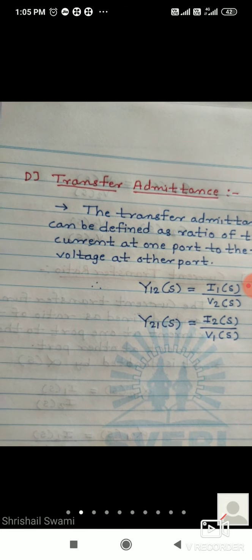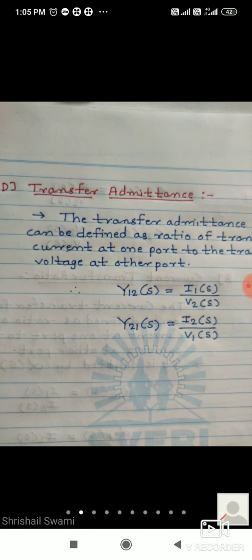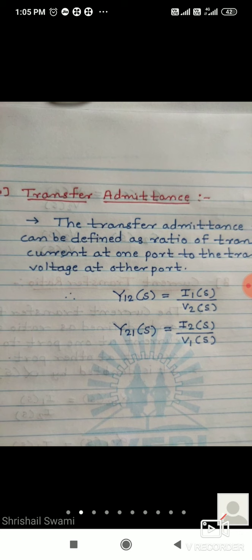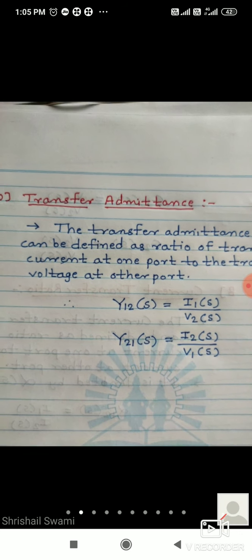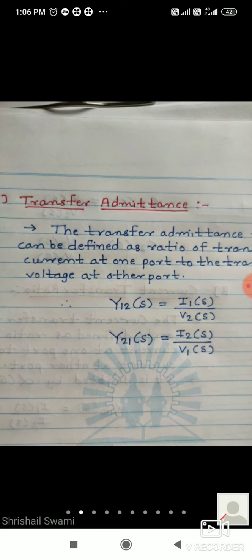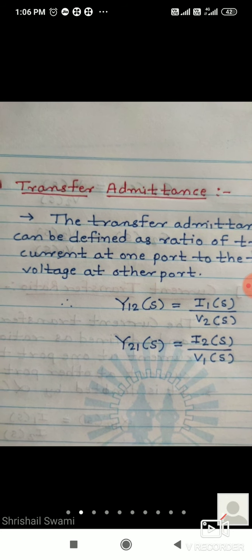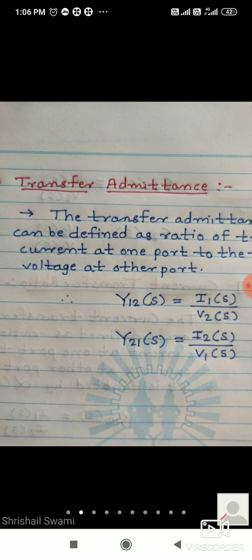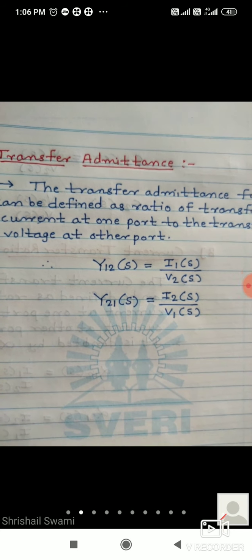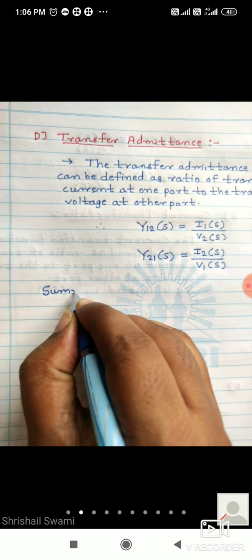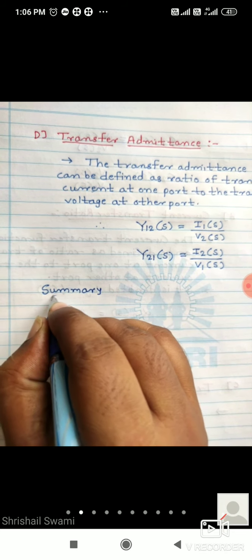Okay, and again there are the two types. One is driving point functions and second one is transfer function. So in driving point function, what will come? Two points, that is driving point impedance and driving point admittance. And in the transfer function there will be the four, that is voltage transfer, current transfer, transfer impedance and transfer admittance. So summary we can consider.